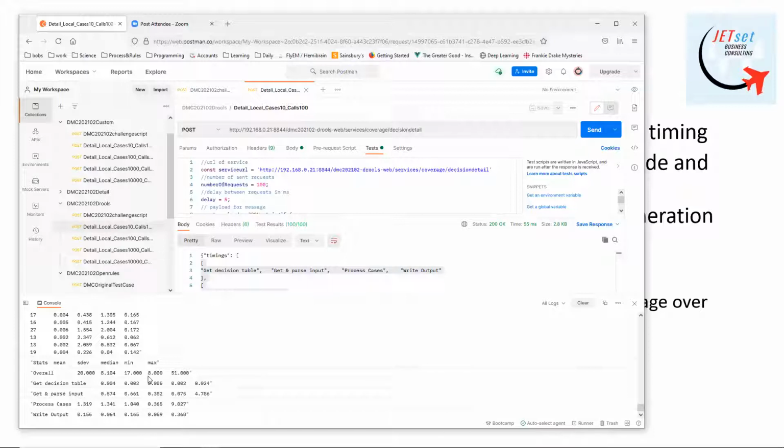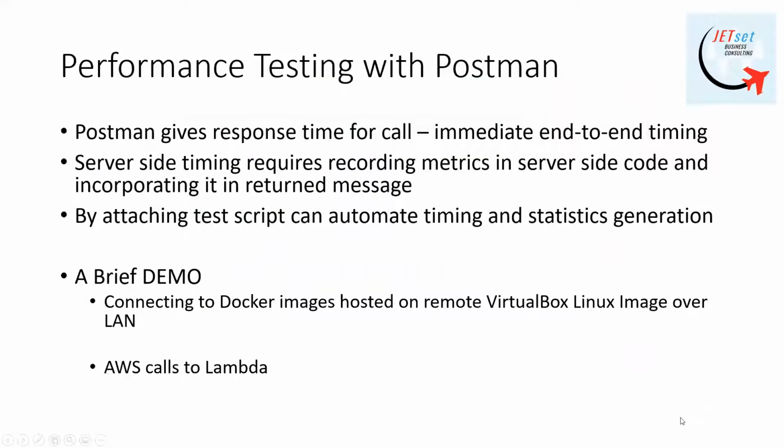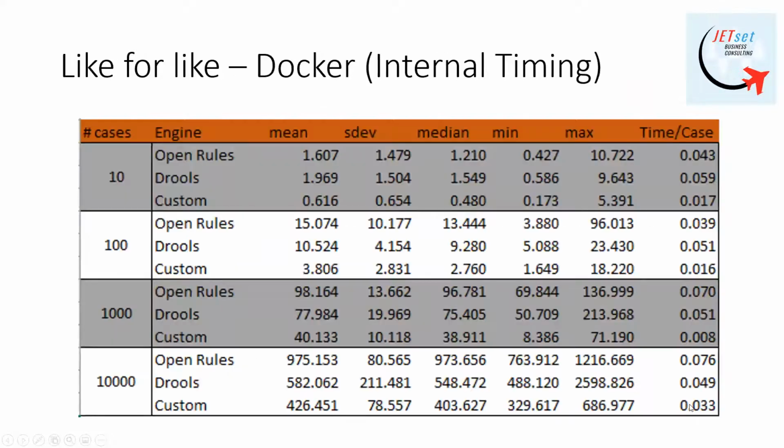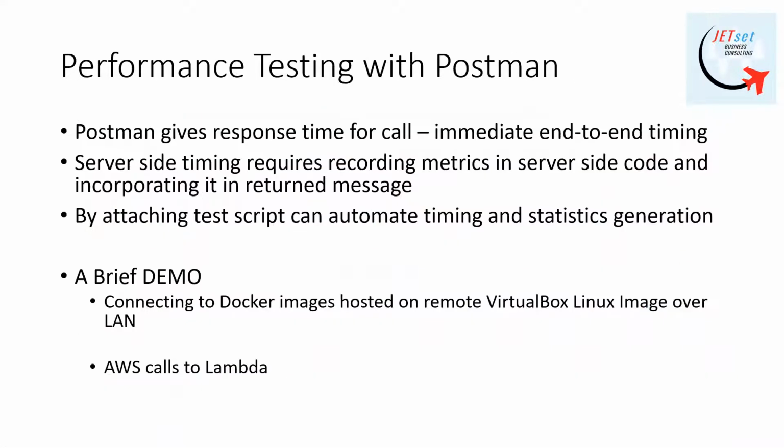We see that generally there is a big variance between the minimum and the maximum time, but it also gives me the information for the individual timing characteristics as well, which is essentially how the statistics tables, which I was showing you earlier on, are built up. And obviously we can also do this sort of thing if we have a Lambda implementation running on AWS or something like that.